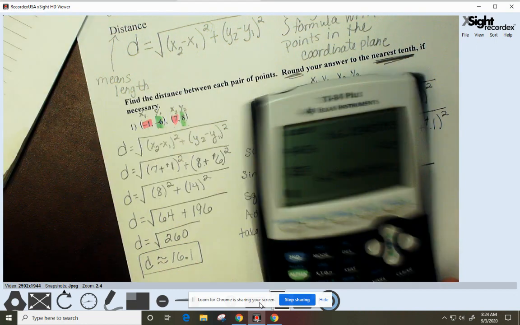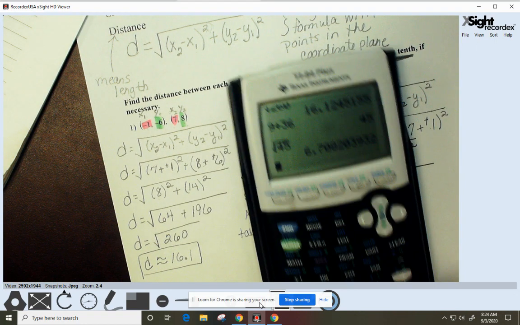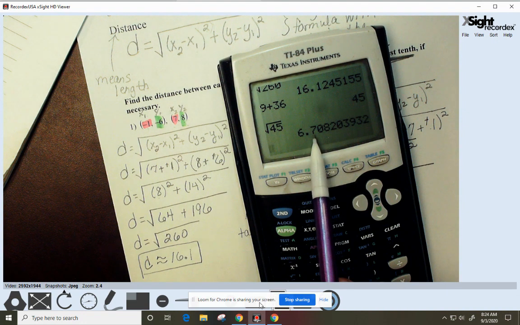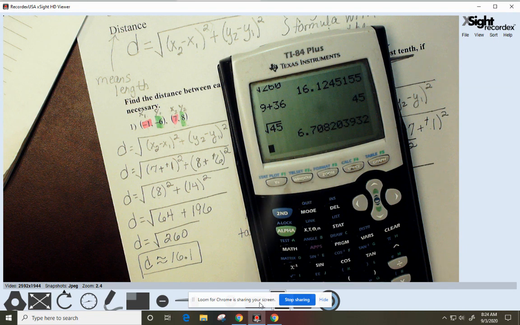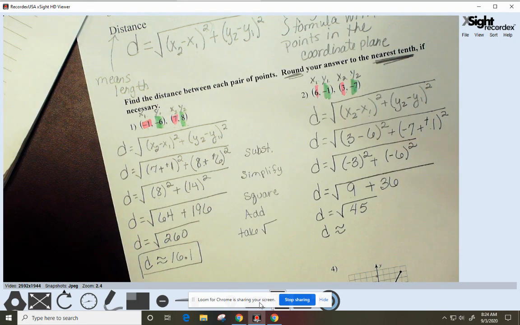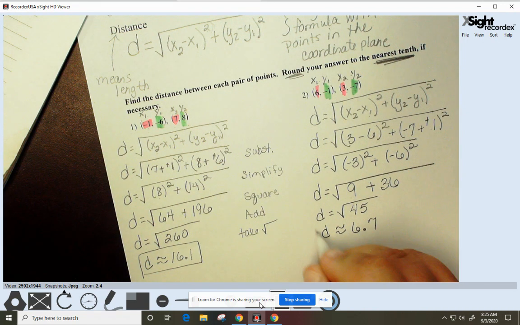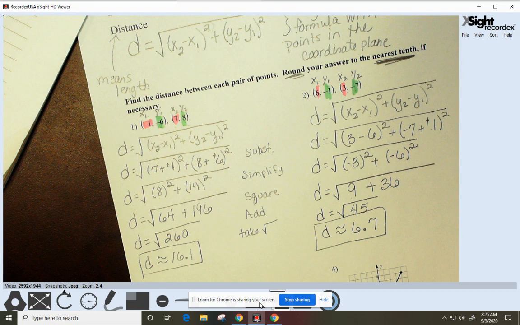And again, looking at my calculator, I want to round to the nearest tenth, so I want to decide if my 7 stays or if my 7 is going to go up. So I'll look at the number right after it, 0. 0 is not bigger than 5, so the 7 will have to stay. So my answer is going to be approximately 6.7.